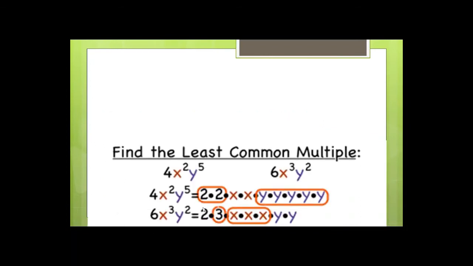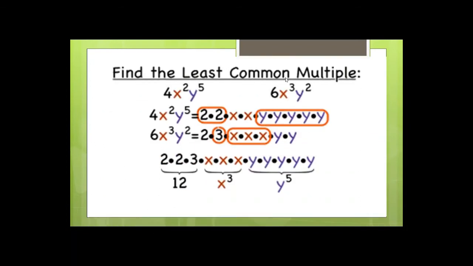Okay. Now, find the least common multiple. The first expression, the first term is 4x square y5 and 6x cube y square. So how will you factorize 4x square y5? Instead of 4, the factors of 4 are 2 and 2. It is very simple. Here is x squared, so write x 2 times here. And here is y5, so write y 5 times: 1, 2, 3, 4, 5.